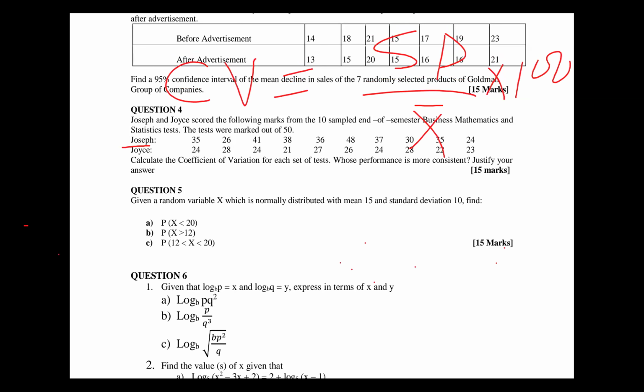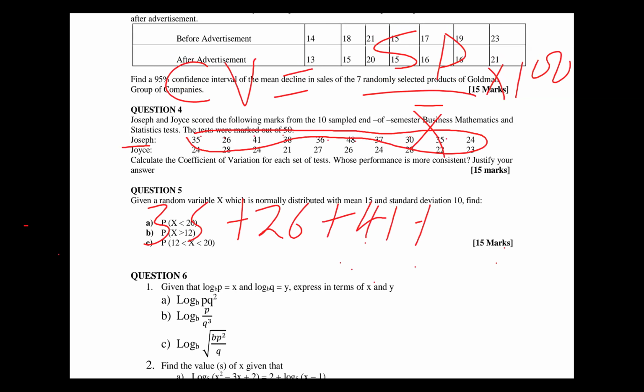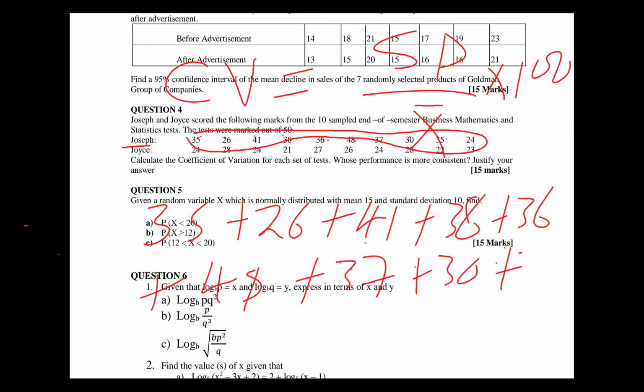We'll start with Joseph. How do we find the mean from what we said yesterday? You have just to consolidate all these and divide by how many they are. There are 1, 2, 3, 4, 5, 6, 7, 8, 9, 10 tests. So for Joseph, we shall say 35 plus 26 plus 41 plus 38 plus 36, plus 48 plus 37 plus 30 plus 35 and plus 24.